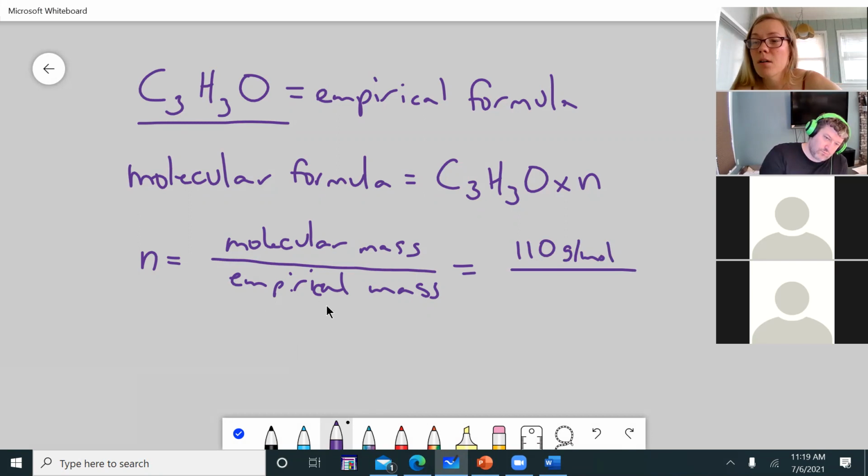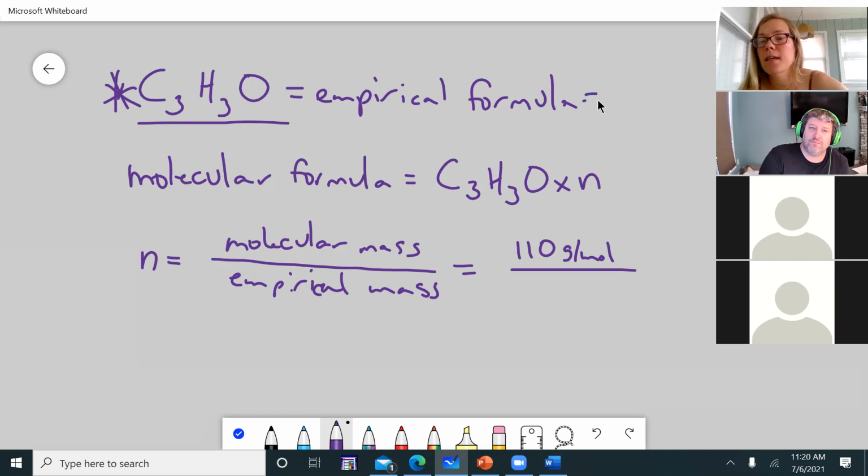over the empirical mass. This you have to calculate. How do you calculate it? Don't you know the empirical formula up here? So we just figure out its mass. Let's take 3 carbons, add 3 hydrogens, and add 1 oxygen. So 12.01 times 3 plus the hydrogens, 3.03, plus oxygen, which is 16, we get roughly 55.